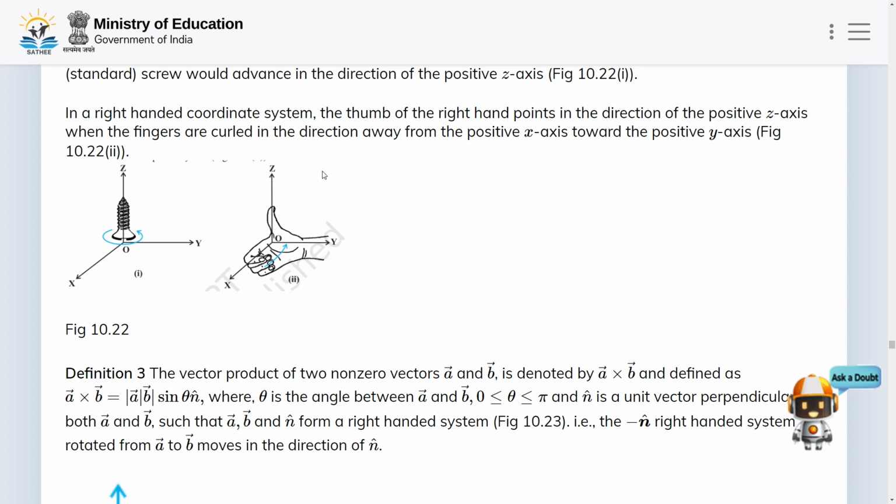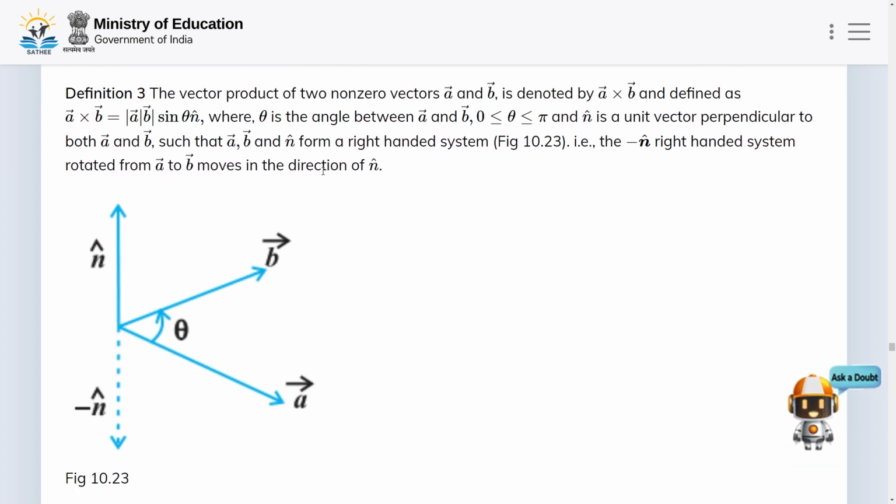Now let's see the definition for vector product.